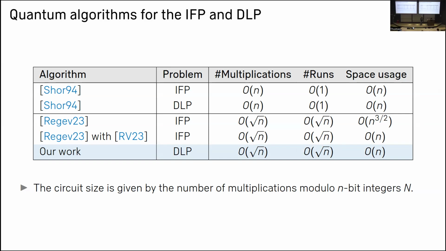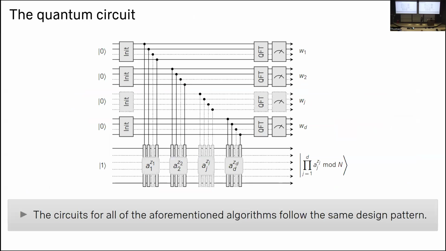The high-level idea behind all of these quantum circuits, both Shor's and Regev's algorithm, is actually quite similar, implemented by a similar circuit, with the primary difference being in the number of initial control registers.